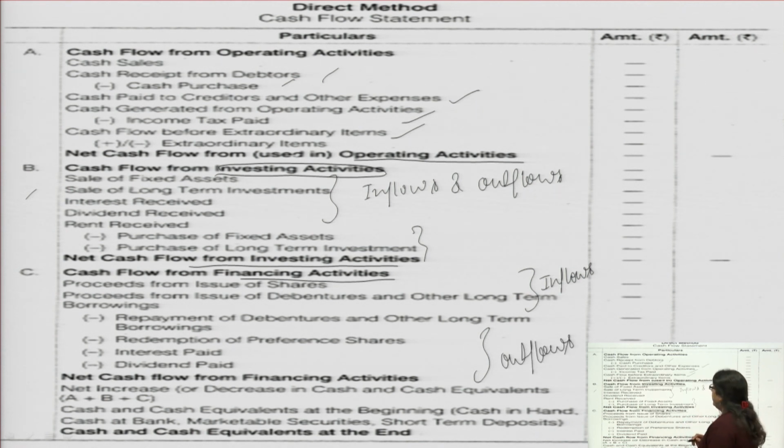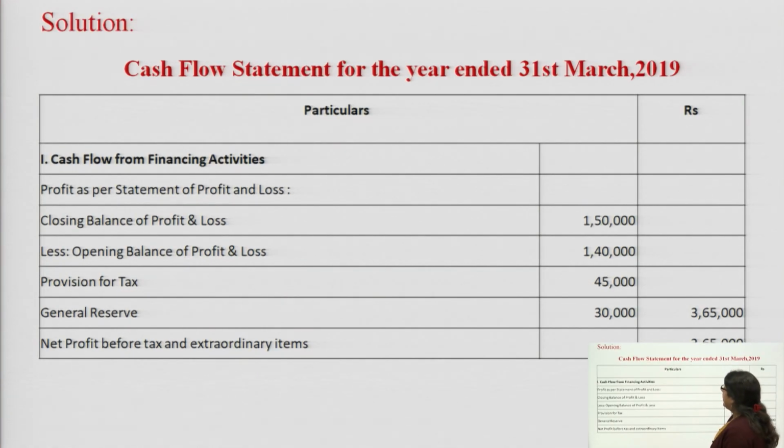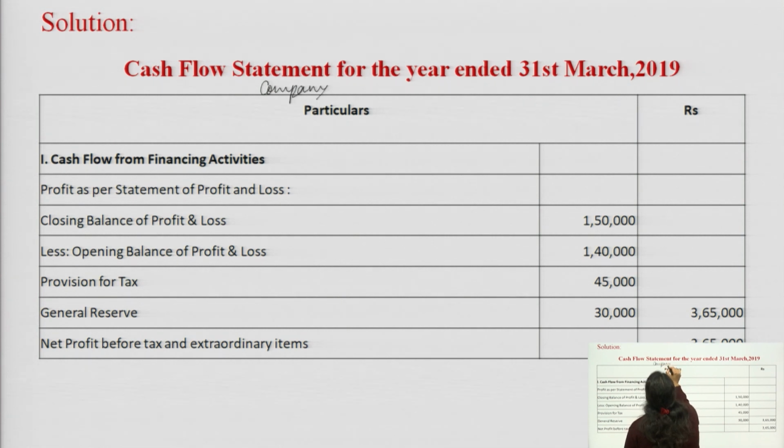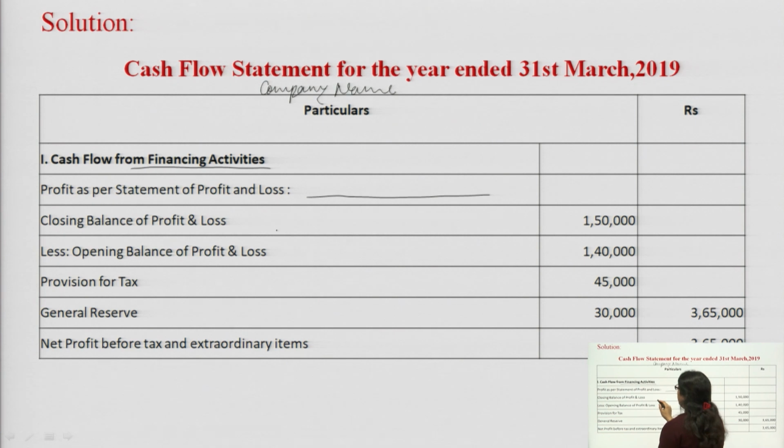Okay. Now, we will solve the question. For the cash flow statement for the year ended 31st March 2019, we need to write the company name here, and then we will start the question. The very first thing we do is the calculation for the cash flow, starting with the profit. The closing balance of profit and loss is 1,50,000.